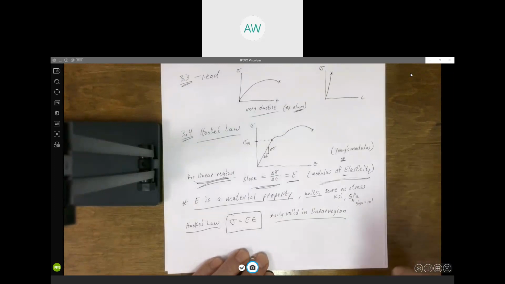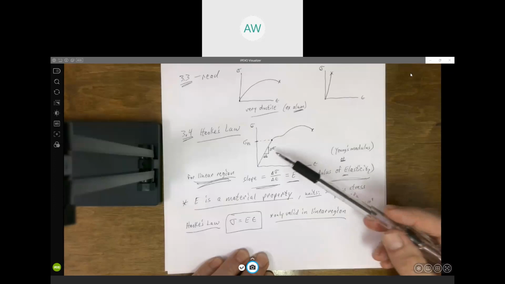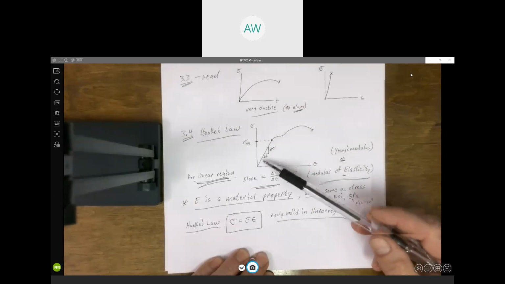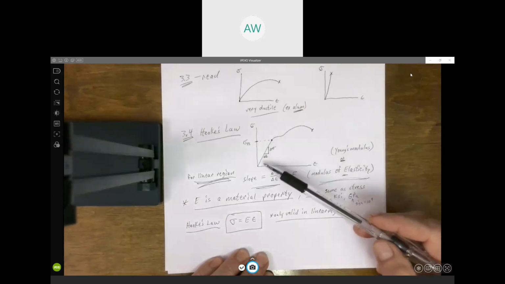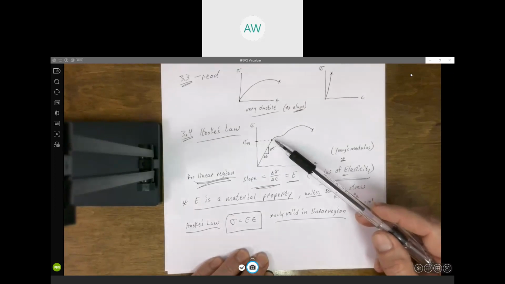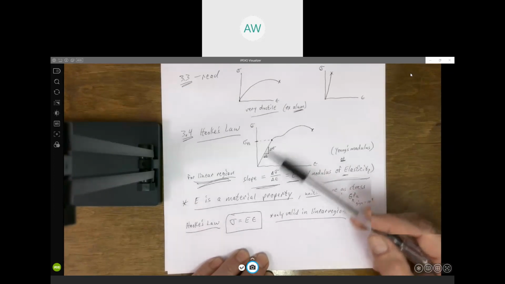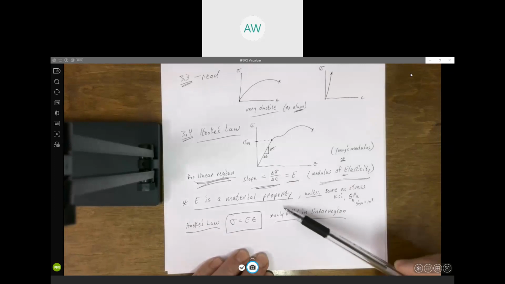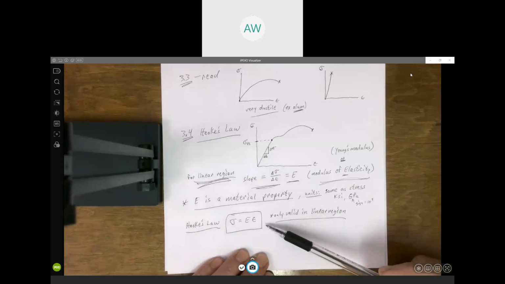But to some extent, we talked about this previously. That's where in the real world your structure is going to be. We're not going to intentionally design a structure that's going to see a stress higher than that proportional limit, or certainly not higher than the yield stress. If you've got any kind of factor of safety, you're going to be down here in this linear region. So this is going to be valid for almost every real structure that's built.